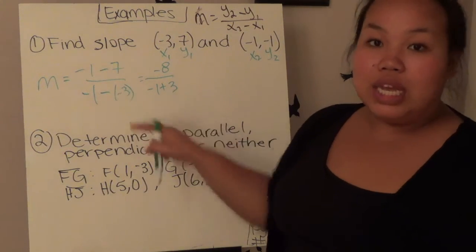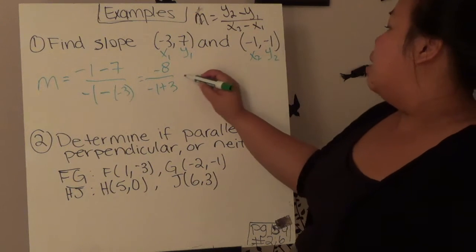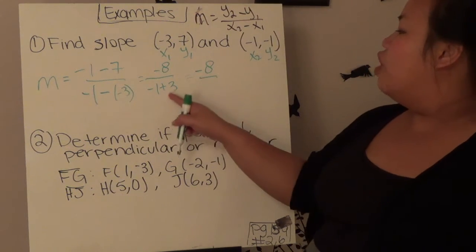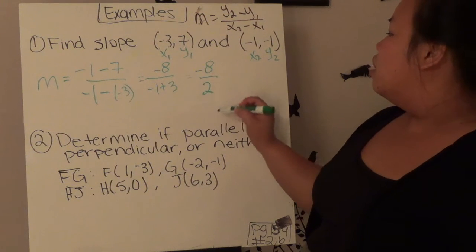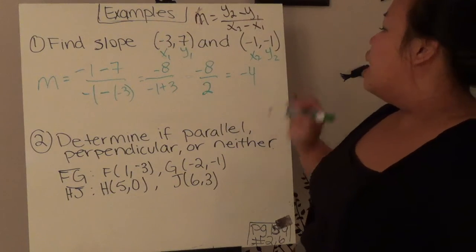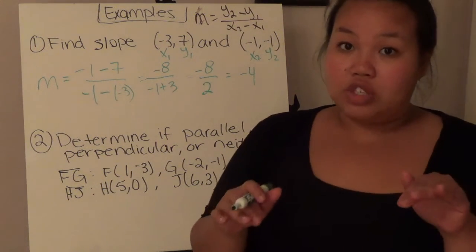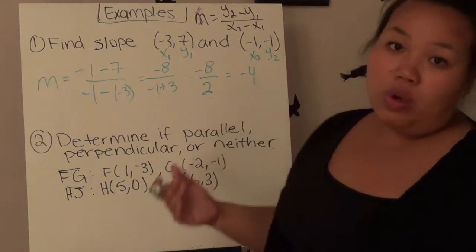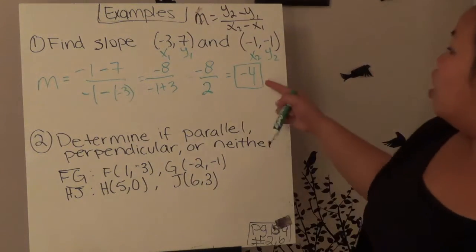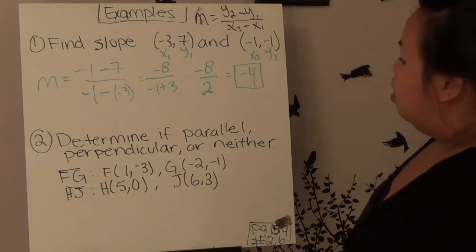This minus and this negative make it a +3. So what I end up with is -8 over -1 plus 3, which is 2. -8 divided by 2 is -4. Now sometimes when I divide the fraction, I'm not going to end up with the whole number, so I'll just leave it in fraction form. This one, I end up with the whole number, so my slope is -4. So that means I'm going to go down 4 and over 1.